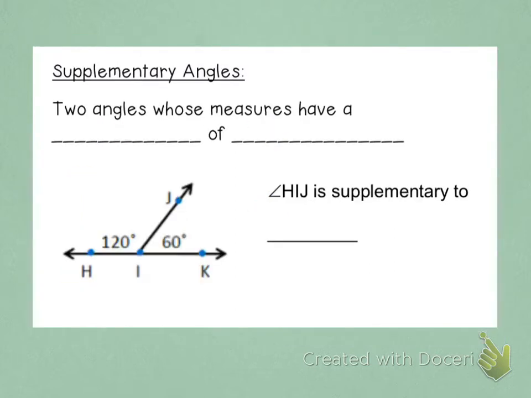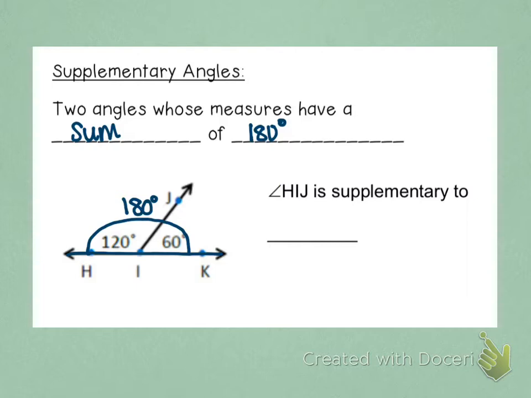Then we have supplementary angles, which are two angles whose measures have a sum of 180 degrees. So here is a straight angle, and if I were to take the measurement of the entire angle, because it's a straight angle, it would be 180 degrees, which is why when we split it into two, the sum is 180.